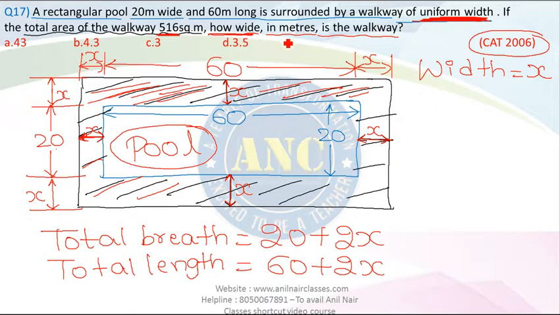How wide in meters is the walkway is your question. This uniform width, whatever we have called x everywhere, is nothing but 3 meters wide. Everywhere they are maintaining a uniform width of 3 meters in the walkway. I hope the idea is very clear with this beautiful question we have solved just now.